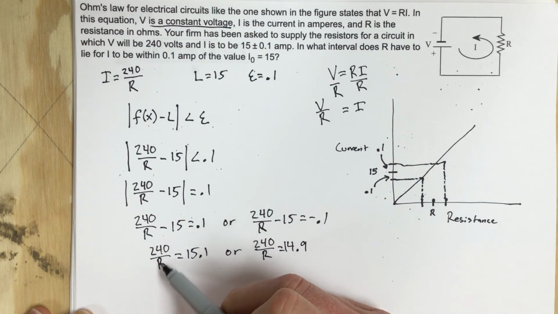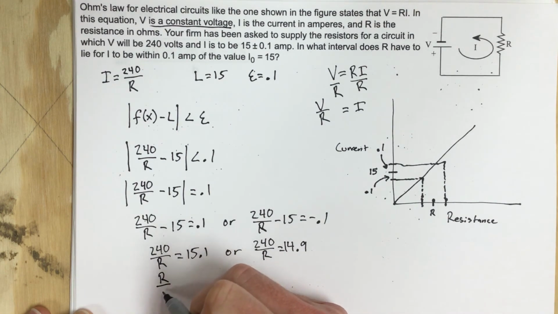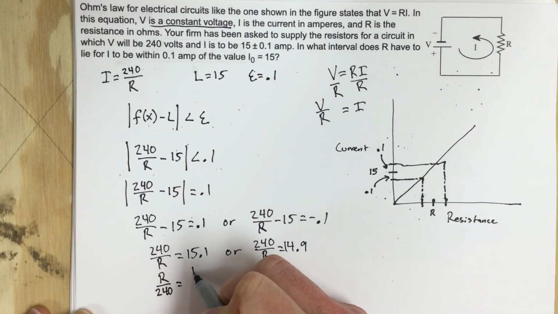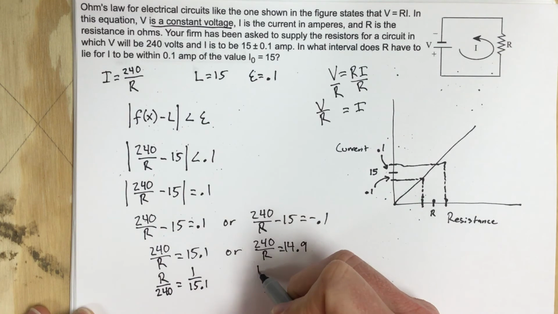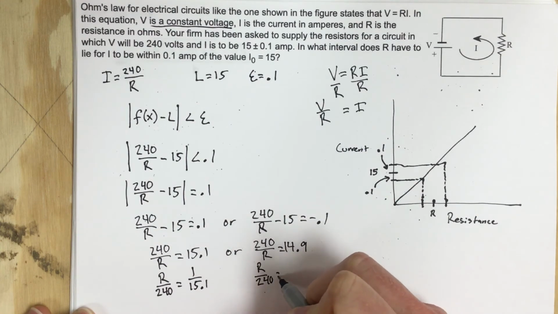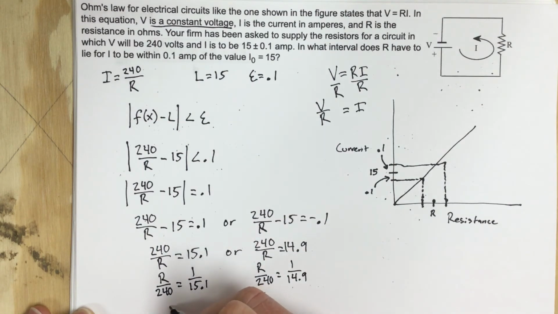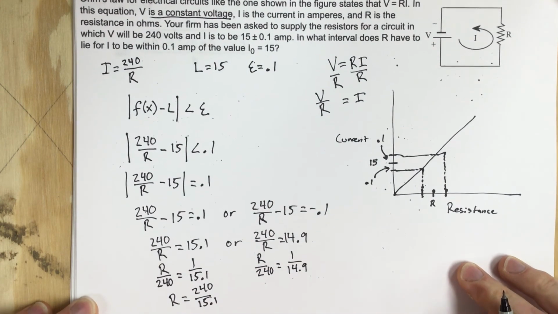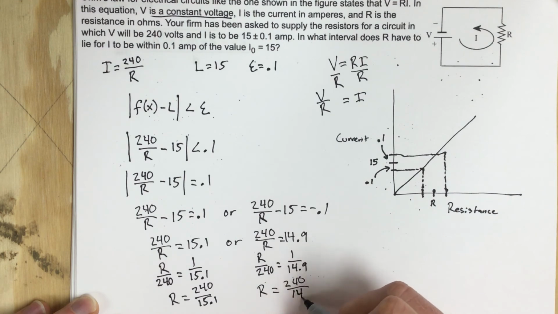We can go ahead and flip this into a different fraction. So we'll say R over 240 equals 1 over 15.1. Do the same thing on the right side, so R over 240 equals 1 over 14.9. Multiply by 240, and we get R equals 240 over 15.1. And same thing here, we get R equals 240 over 14.9.